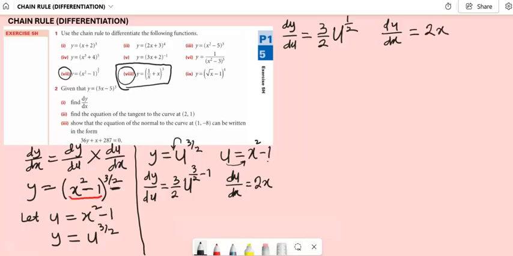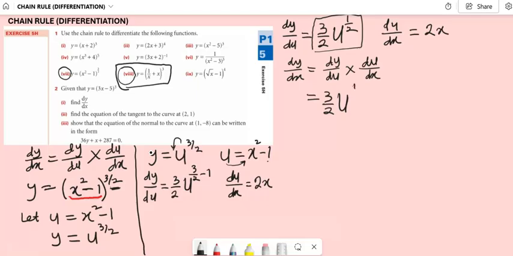So right now, I can apply the formula, which says that dy dx is equal to dy du multiplied by du dx. Let us now substitute. So dy dx will now be equal to dy du, which is this. That will be 3 over 2 u raised to the power of 1 over 2, then multiplied by du dx. My du dx is what I have here, which is 2x.